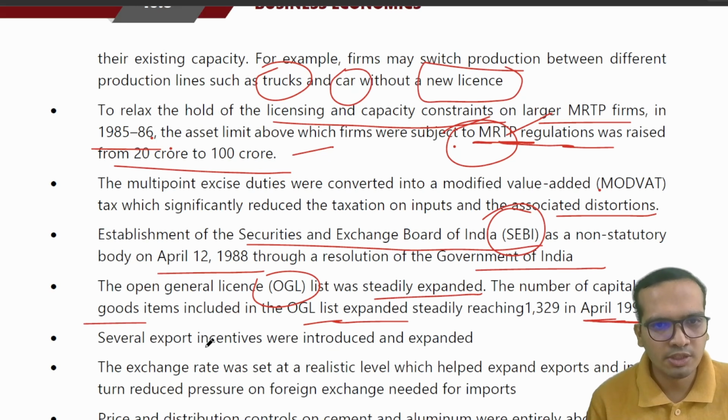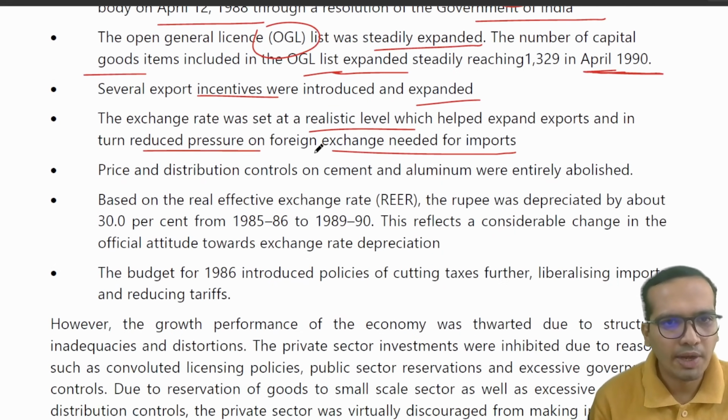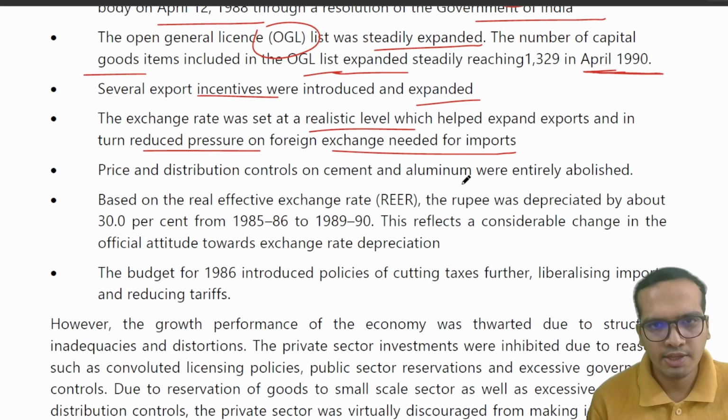Several export incentives were introduced and expanded. The exchange rate was set at a realistic level, which helped expand exports and in turn reduce pressure on foreign exchange needs for import. Price and distribution control on cement and aluminium were entirely abolished.